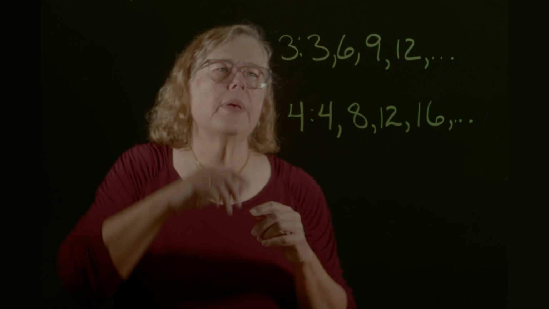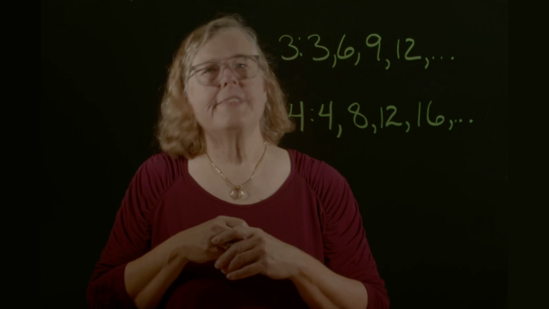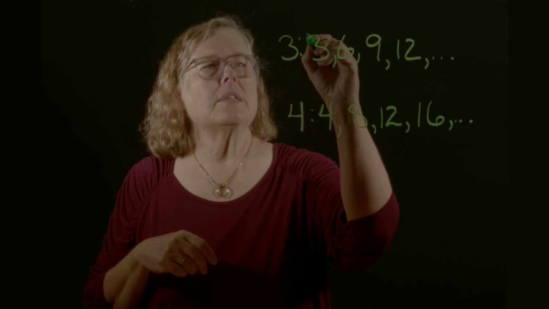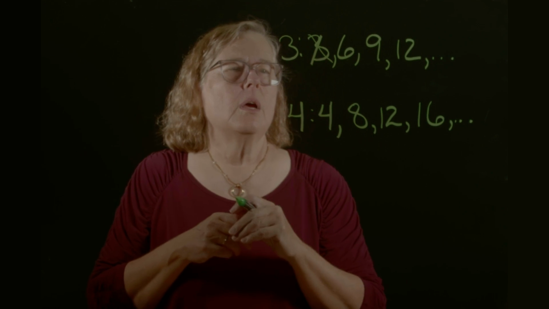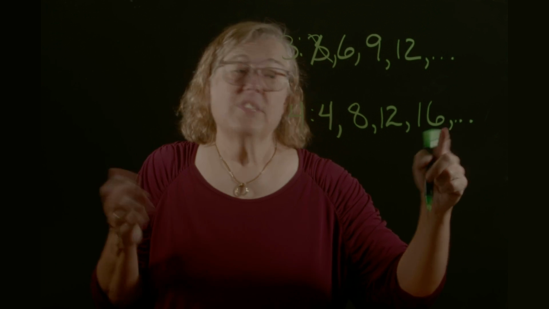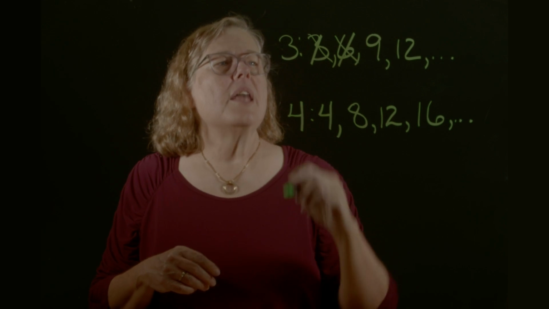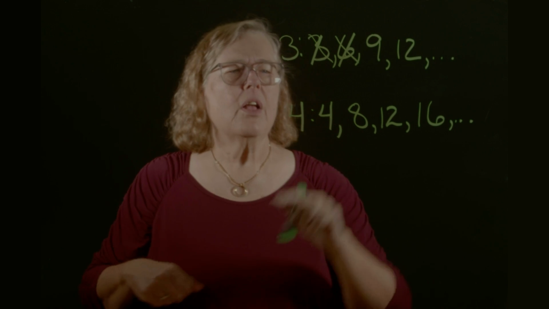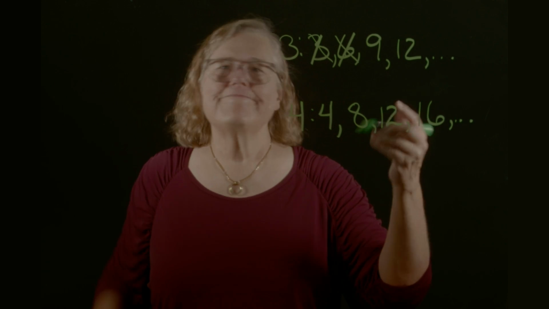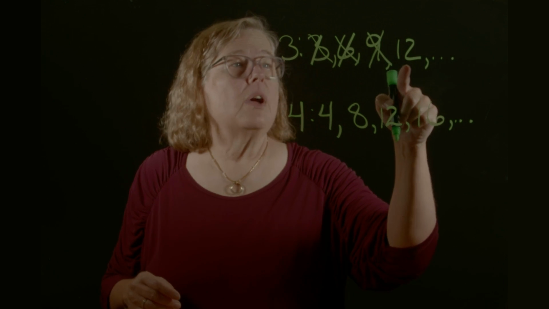I don't know. Let's look. Well, there's a 3 here. Is there a 3 down here? There's not. So we know 3 is not a least common multiple. Well, there's a 6 here. Is there a 6 down here? 16, but that's not the same thing, so that doesn't count. 9. 9's a nice number. 4, 8. There's no 9. That doesn't work. 12. We found a 12.